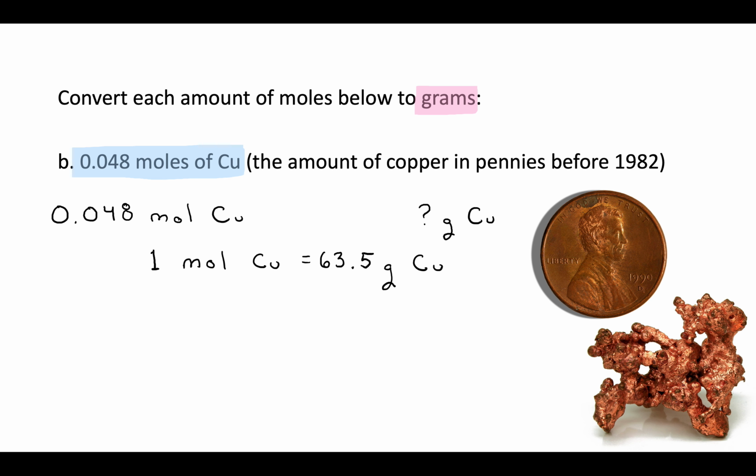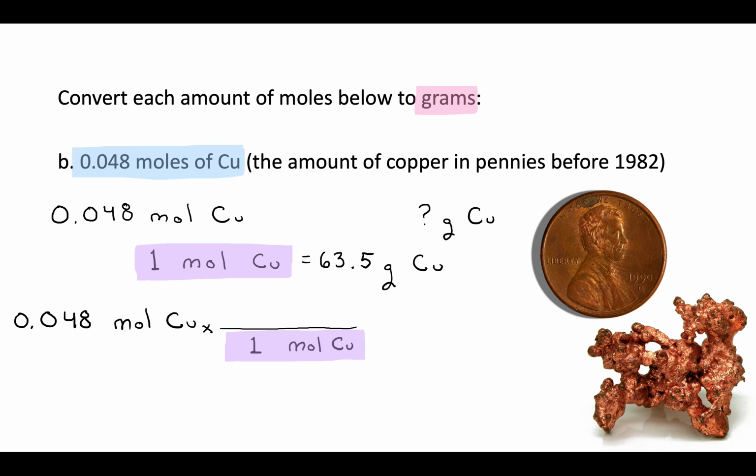So now we can take the number they give us, 0.048 moles of copper. Every time you do a conversion, write a multiplication sign, a fraction bar, and the units you start with, here moles of copper, go on the bottom of the fraction so that they'll cancel out. And then you fill the fraction in with the conversion factor. So next to moles of copper goes the number 1, going over the fraction bar like going across the equal sign, and on top you'll have 63.5 grams of copper.